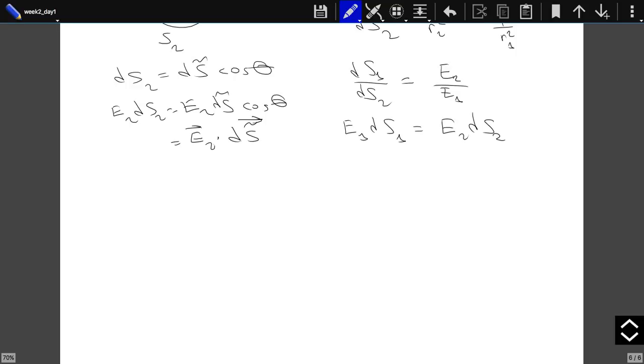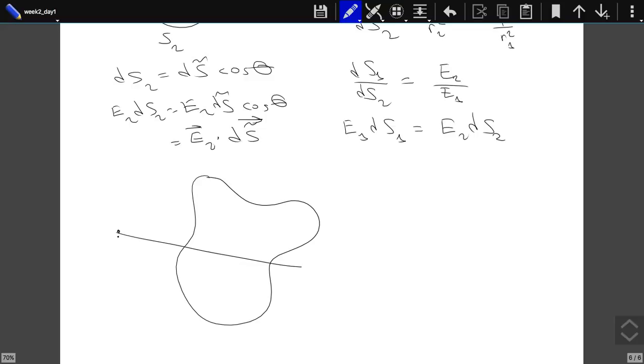Now, a similar argument you can use if your surface is outside, or if your charge is outside your surface. So what we do is we just take this very thin cone, and if you like, you can just imagine such a surface, such a sphere around your charge.